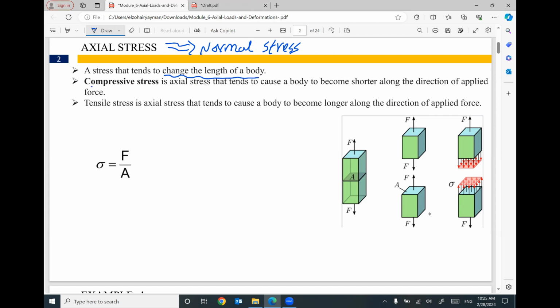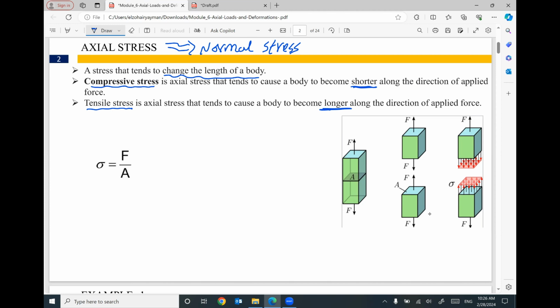If we have compressive stress, we will have contraction. The length of the body or the member will be shorter. If we have tensile stress, which is coming from tension force, that means the body becomes longer. The length will be longer.